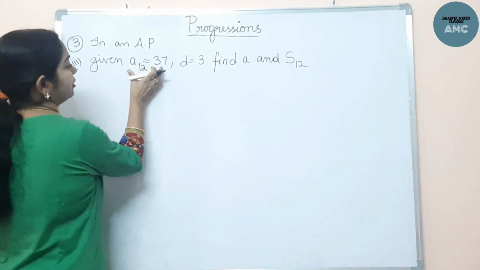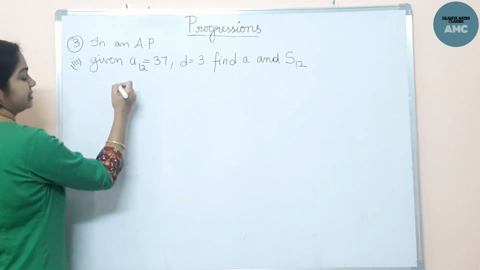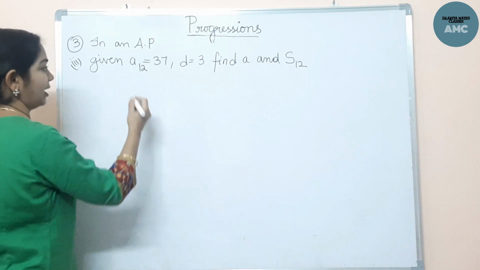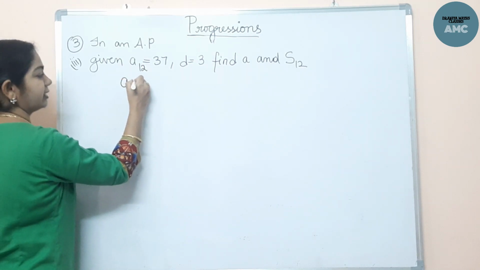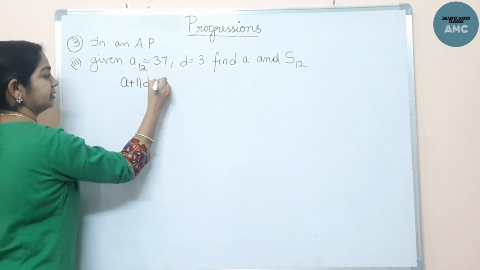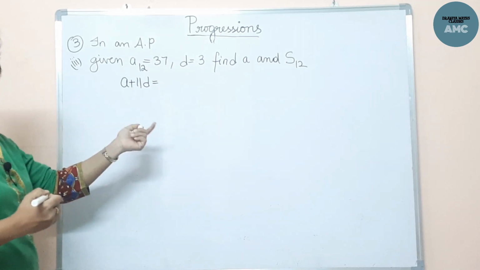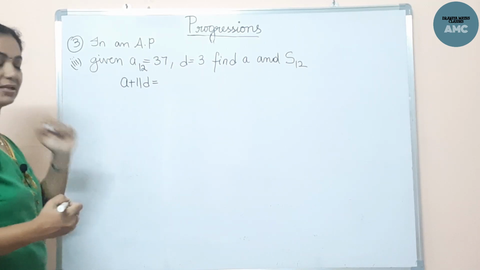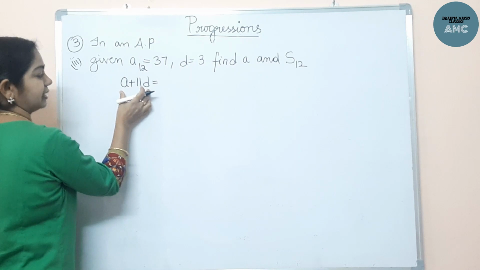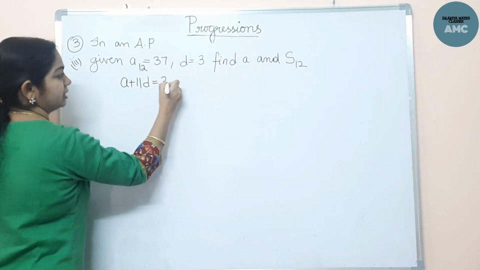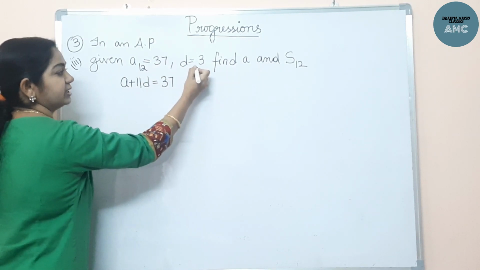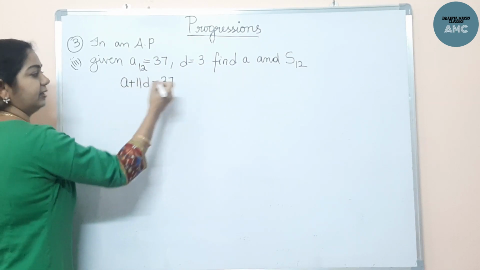Now from this, A12, it is the nth term. A12 is simply we can write as A plus 11D, isn't it? A plus n minus 1 into D, n is 12, 12 minus 1 is 11. So A12 is A plus 11D is equal to 37. If I substitute the D value here, then I'll get the A value.